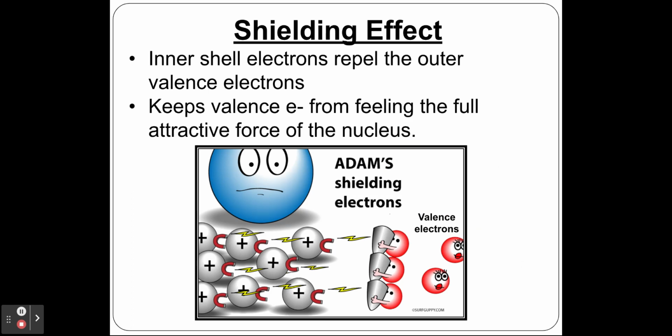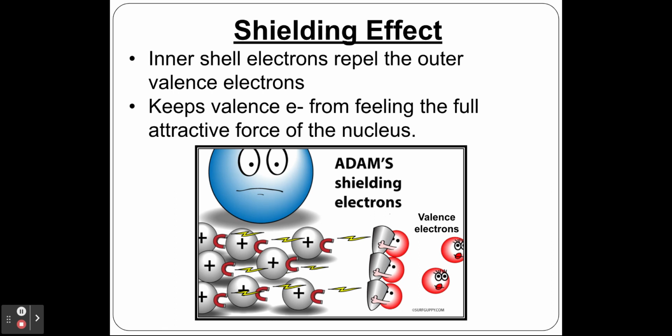So let's review a little bit about the shielding effect. Remember, the shielding effect is due to the inner core electrons shielding the nucleus from the outer valence electrons. They have a repelling force on each other. So the inner core electrons are repelling the outer valence electrons.